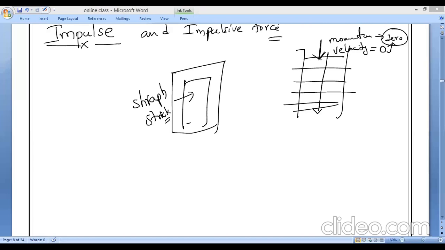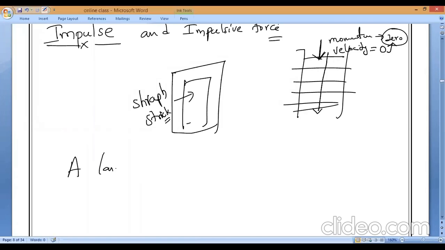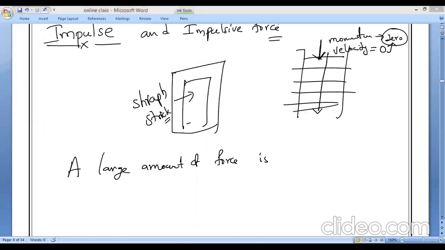So a large force acting in a short interval of time, that is what we call impulsive force. What do we call it? A large amount of force acting for a short interval of time.